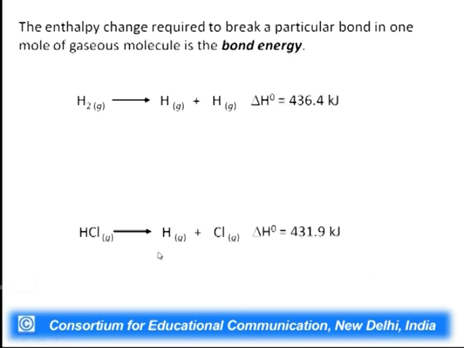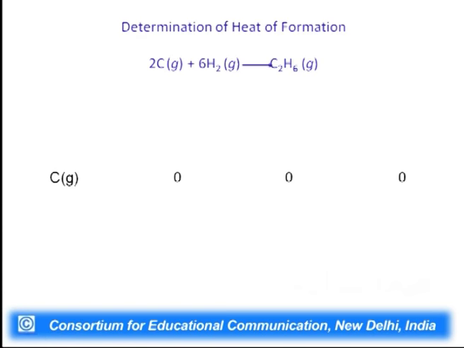In HCl, you have 431.9 kilojoules to break this bond. In oxygen gas, if you break the O=O bond, your enthalpy will be 498.7 kilojoules. So the bond energy of the O=O bond is 498.7 kilojoules.